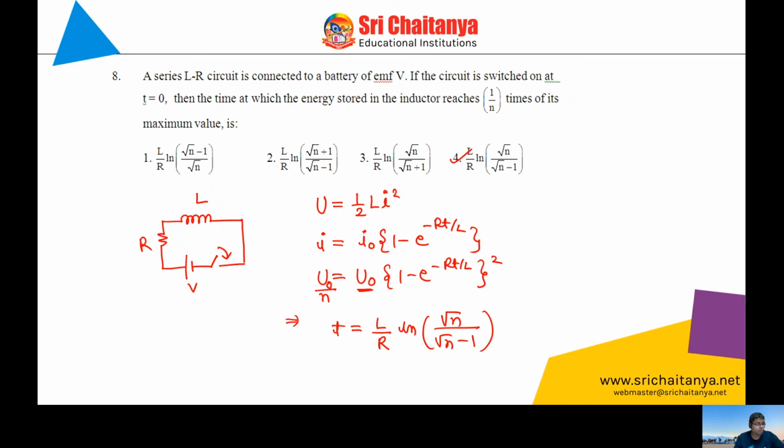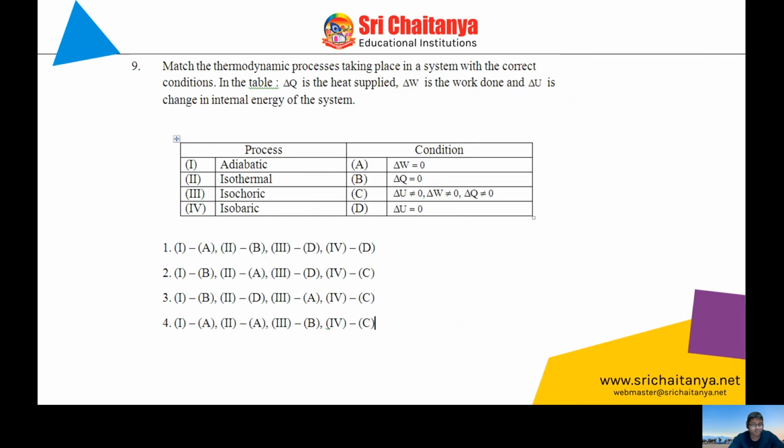Now let's move on to question number 9. Question number 9 is simple, a definition based question. We have to just match the process with the condition. So for an adiabatic process, by definition, delta Q will be equal to 0.